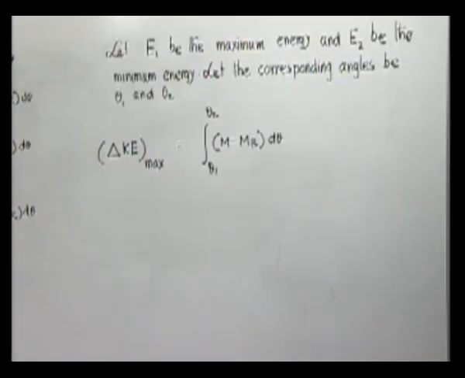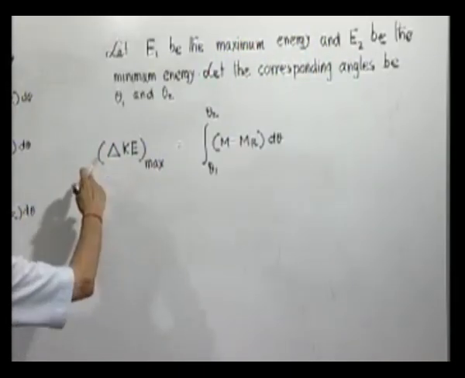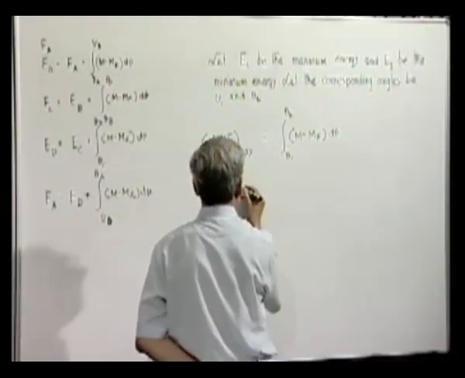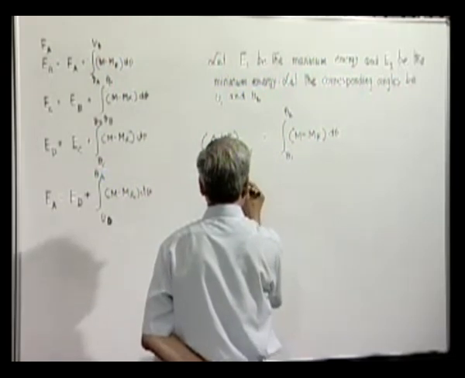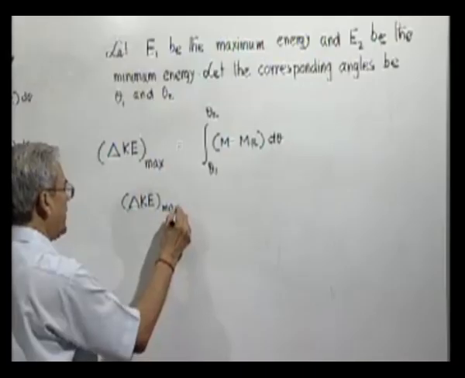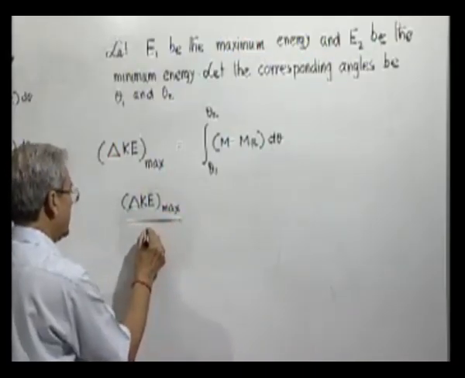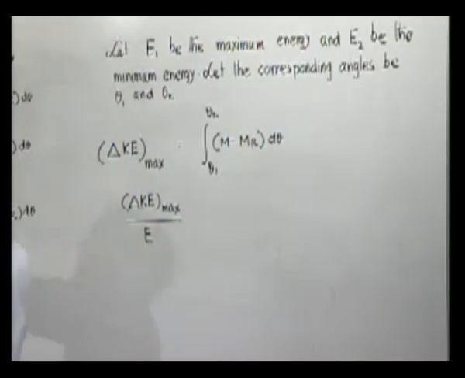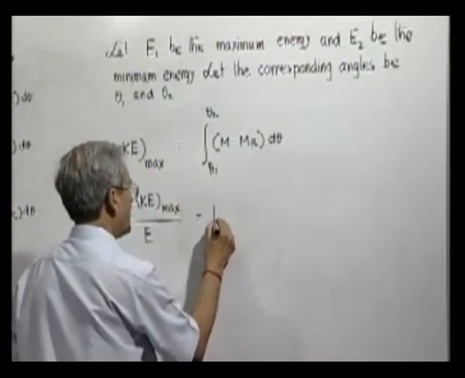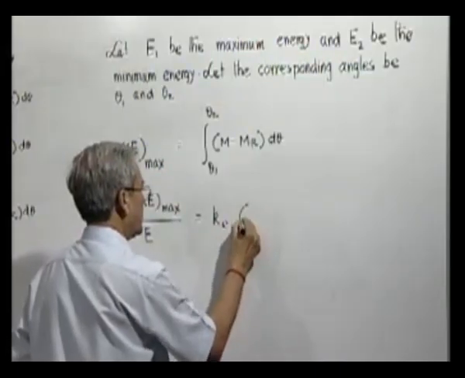Now the quantity, in this maximum fluctuation, that means the difference between the maximum and minimum values of the kinetic energy, we call delta KE max. If we divide this by the energy input per cycle, as defined by this, it is called the coefficient of energy fluctuation.